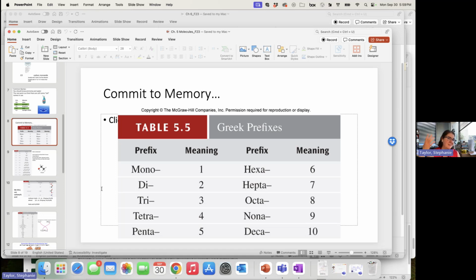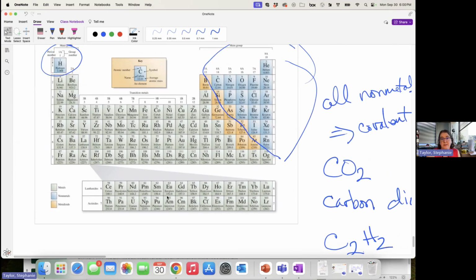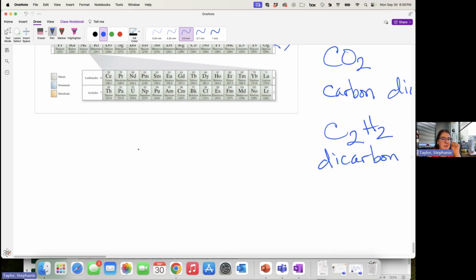A decade's 10 years, deca. That's where it comes from. So hopefully that's helpful. So if it's covalent, the last thing needs to end in -ide, and you have to tell me how many of them there are, because there are no charges to help us out, unless we do need to do the exception.